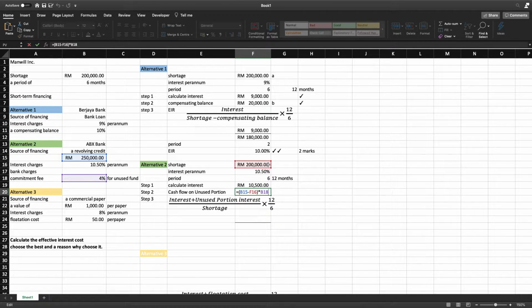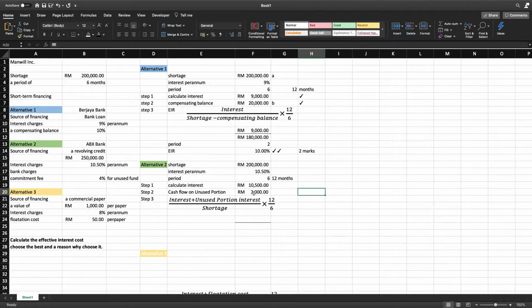So you will get 50,000 unused funds, multiplied by the 4% commitment fee, so you will get 2,000.